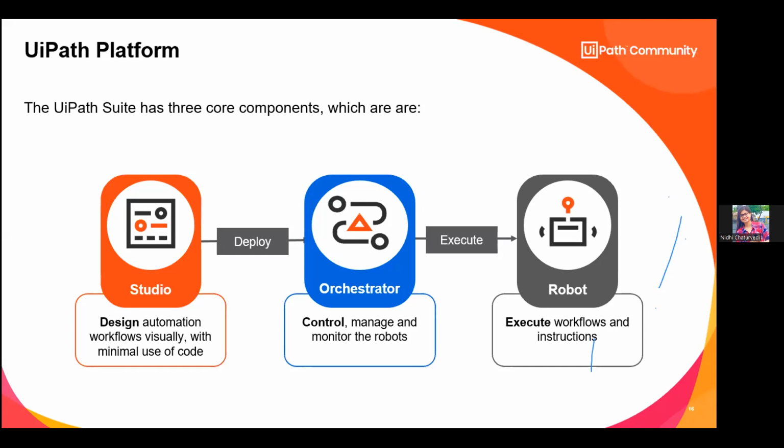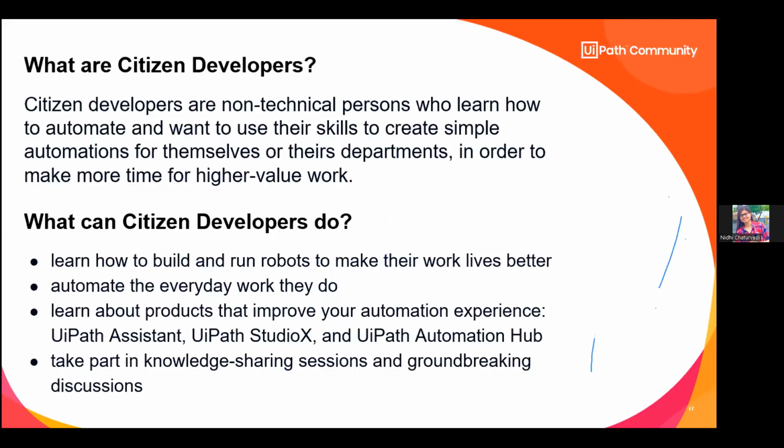So if you're using credentials, which need passwords and email addresses, that you do want to securely save, this is where the orchestrator comes into the picture. So these are the 3 main components you have to look at. Nothing complex or nothing extra needed, right? So this was all about UiPath as a product.